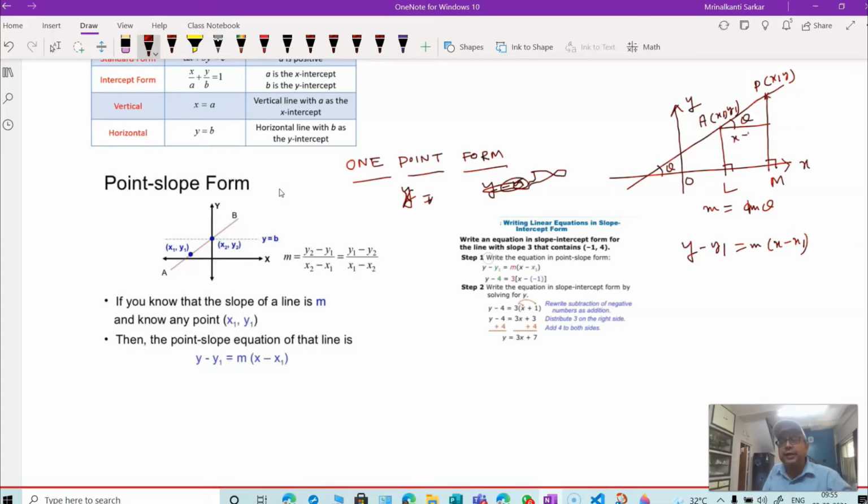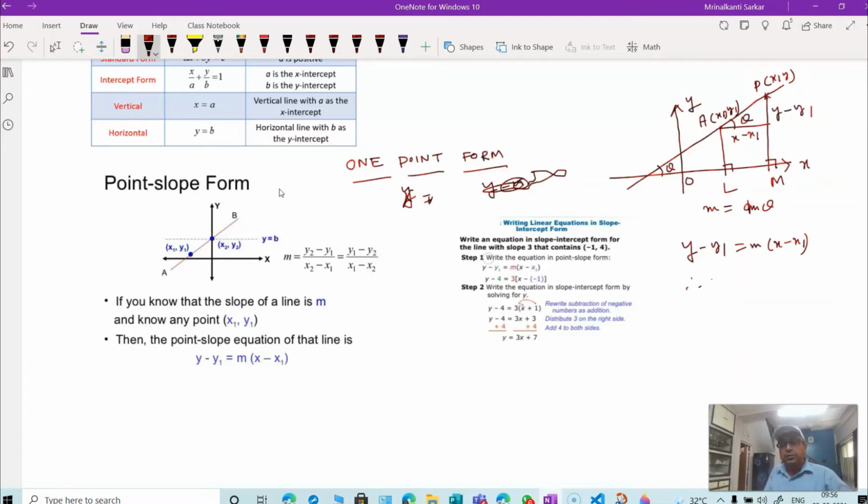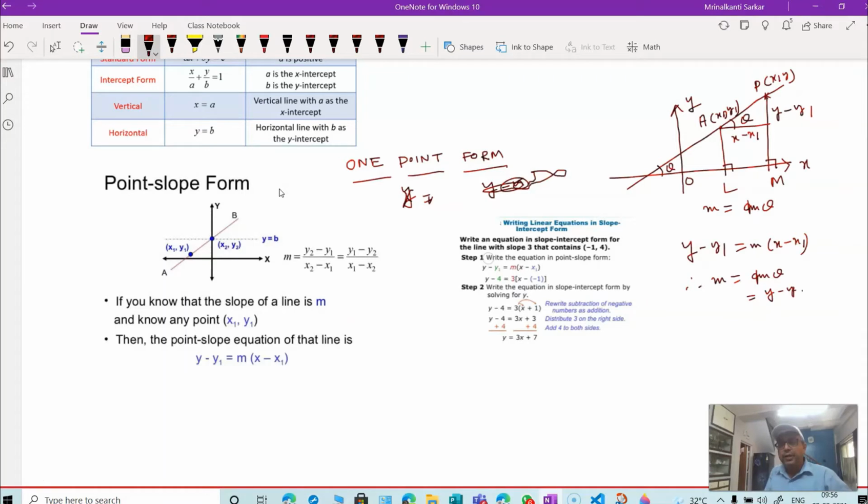So this part will be x minus x1, and this is y minus y1. So tan theta will be equal to y minus y1 divided by x minus x1. So y minus y1 equal to m into x minus x1.